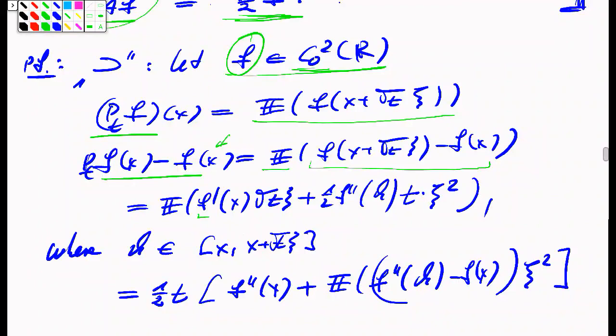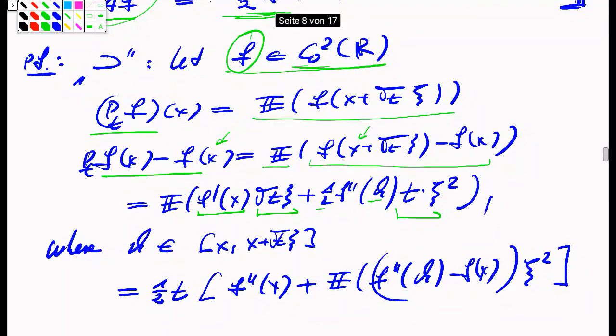So it's f prime, the first derivative at x, multiplied by the difference between the two arguments, which is square root of t times psi, plus 1/2 the second derivative of f evaluated at a certain theta, which is in the interval between x and x plus square root of t psi. So this theta will depend on x and psi, on the realization of the psi random variable, times the difference between the two arguments squared, with the 1/2 factor in front, of course.